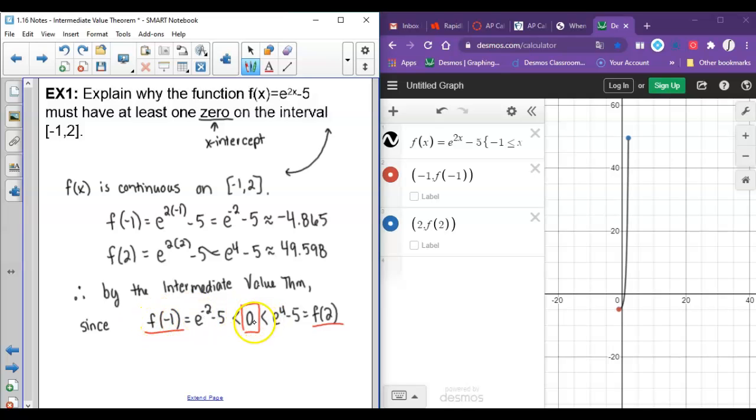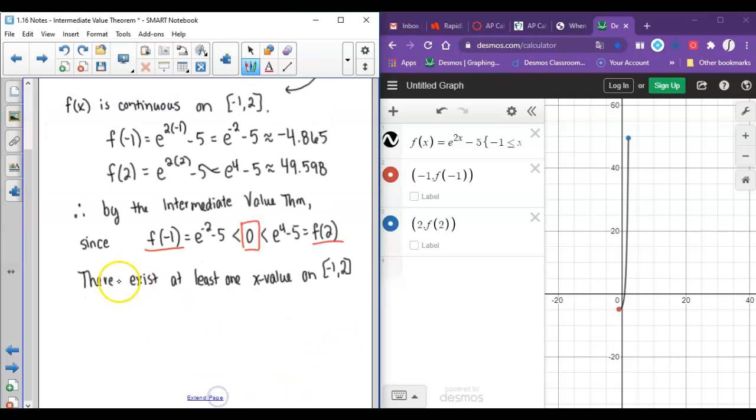So since we have this happening here, we know then that there exists at least one x value on the interval that we're talking about here, negative 1 to 2, such that f of x equals 0.